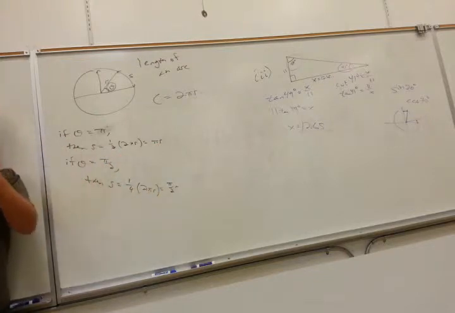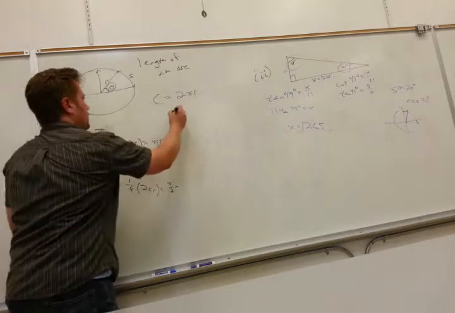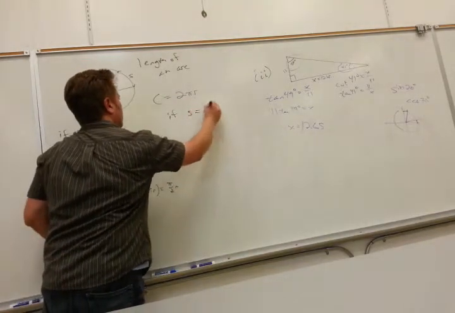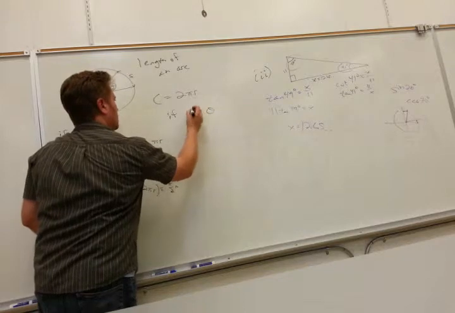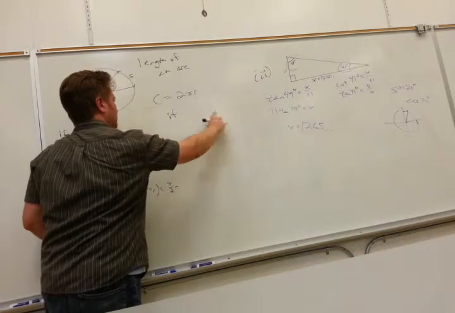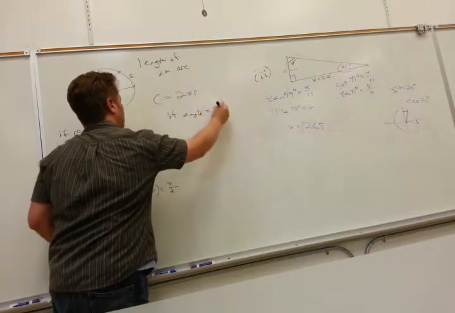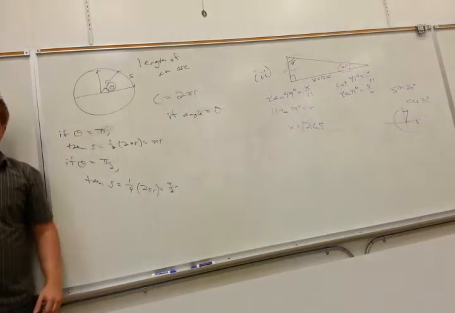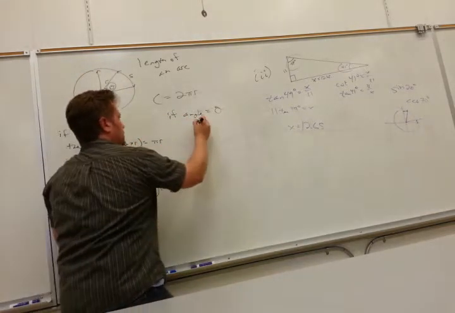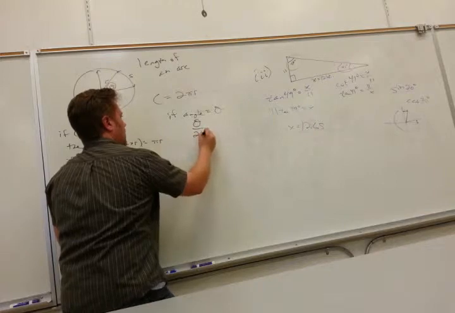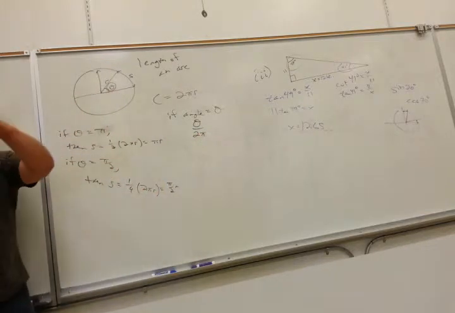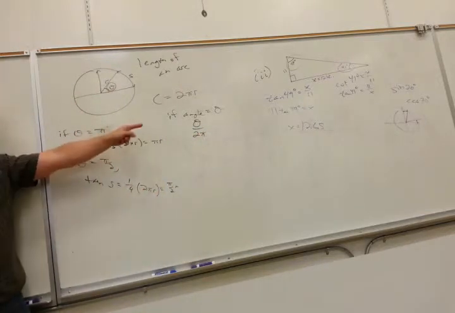So the way to really see it is, if my angle is theta, then all I have to do is take theta out of 2 pi. That's the percentage I've gone around: 1/2, 1/4, or in general, theta over 2 pi.